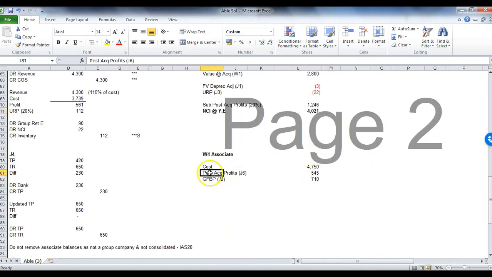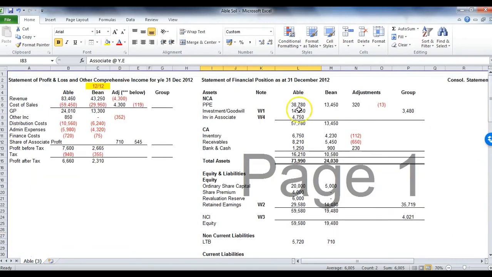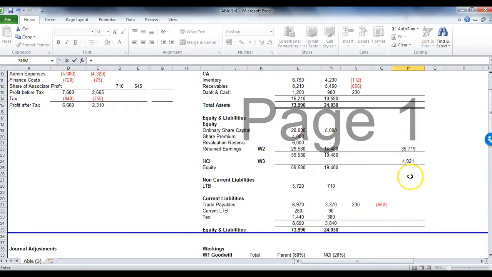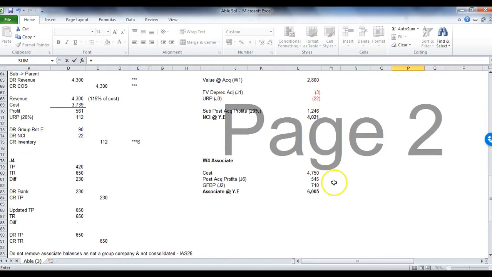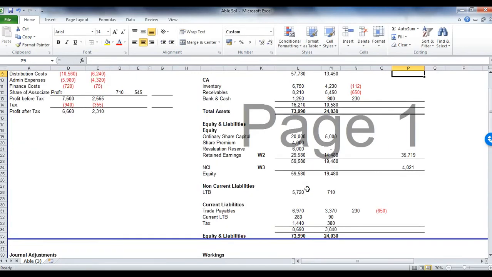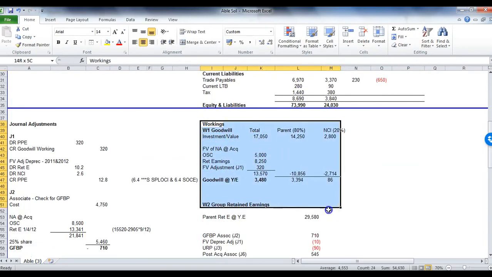And then you add on the post-acquisition profits to get the associate at the year end to be just over 6 million. And again, that will cross-reference working 4, 6,005.